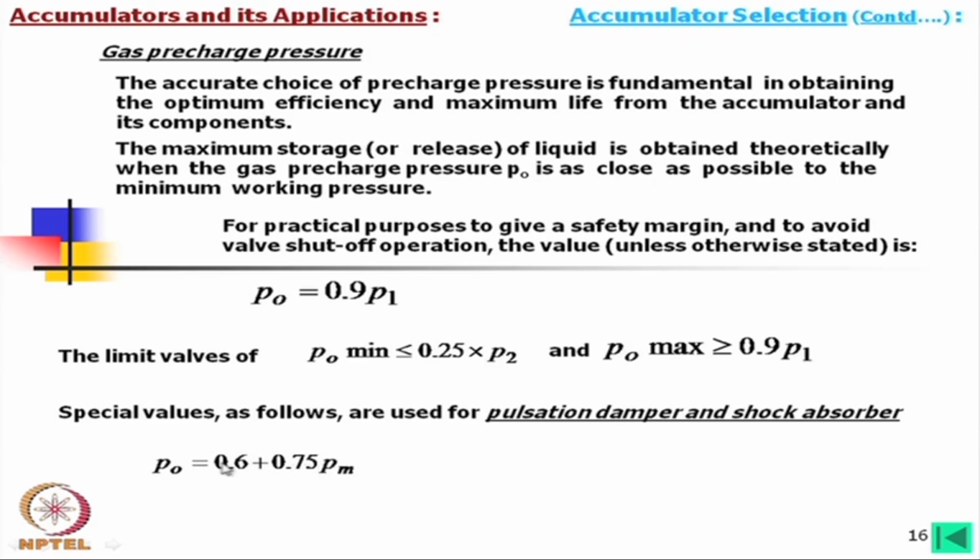So, if it is an additional part, this is definitely unit sensitive. So, we have to check whether this relation is correct or not, or it is simply P0 is equal to 0.8 into P1 for pulsation damper and shock absorber.